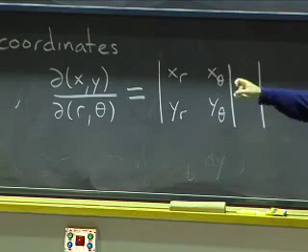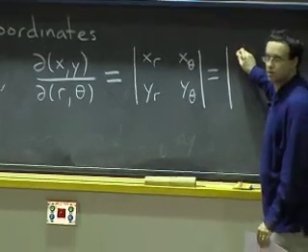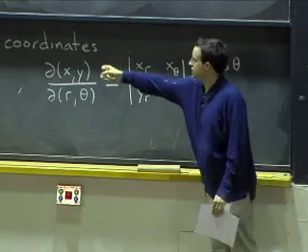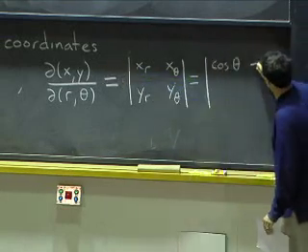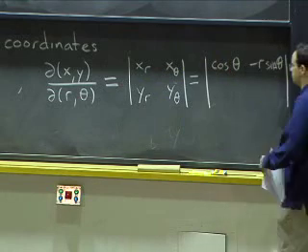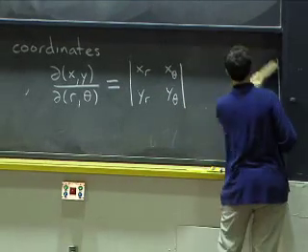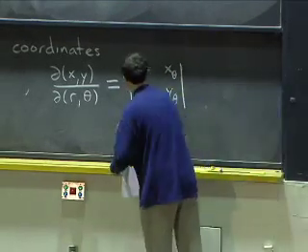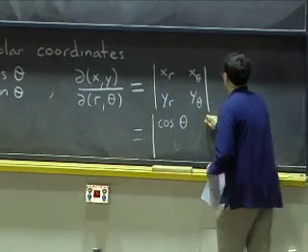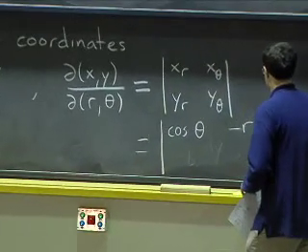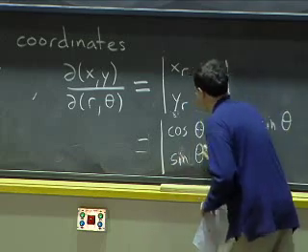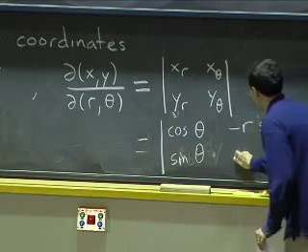Partial x over partial r is just cosine theta. Partial x over partial theta is negative r sine theta. Sorry, I'm going to run out of space here, so let me do it underneath. So we said x sub r is cosine theta. X sub theta is negative r sine theta. Y sub r is sine theta. Y sub theta is r cosine theta.